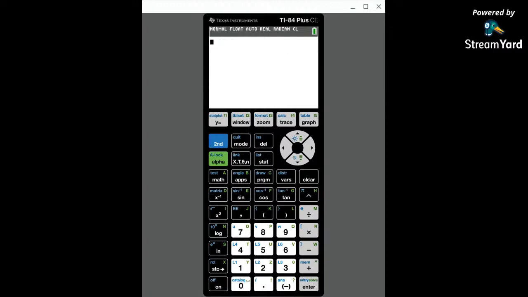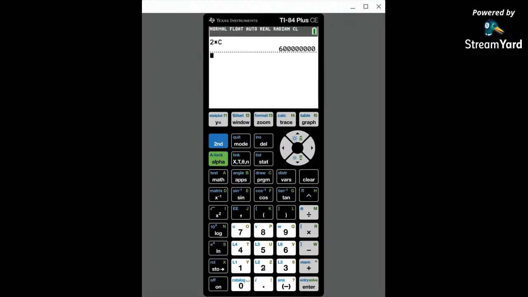You can verify this by hitting clear and then alpha and then C, hit enter, and notice it spits it right back out. So anytime I need that value in a calculation, say I need to double it, I can hit 2 times alpha C, enter, and it's doubled it.